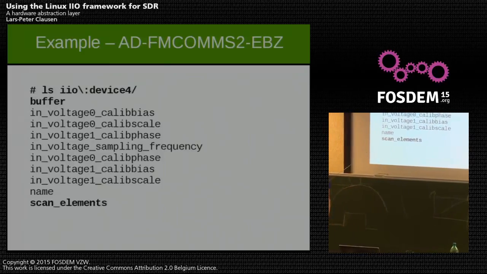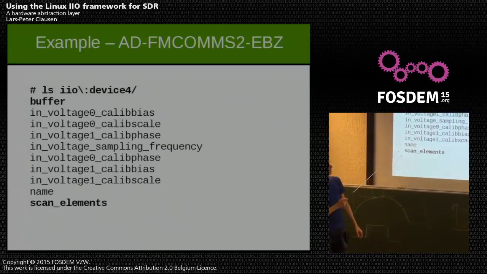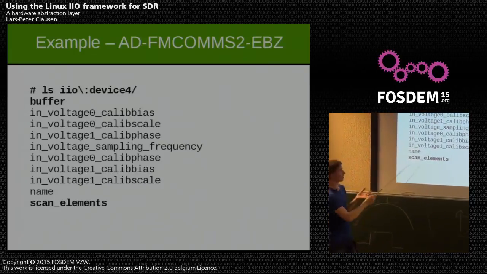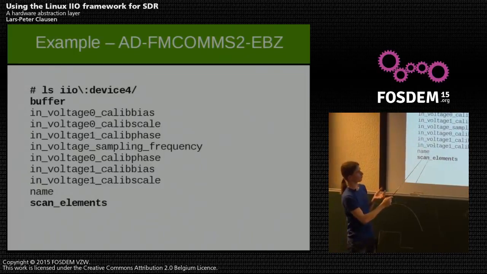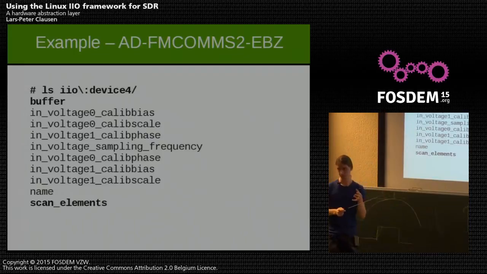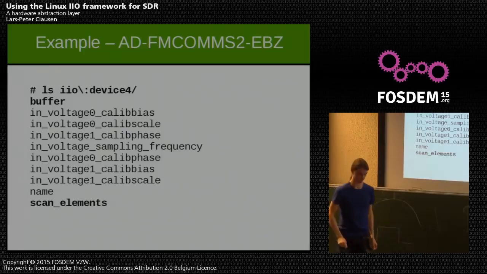This is the capture device, and as I said earlier, our pipeline is really simple. In the example case, there's only a couple of attributes which can be used for basically calibration of the channel. But what we have is a buffer subdirectory, which corresponds to the buffer, and a scan elements subdirectory.